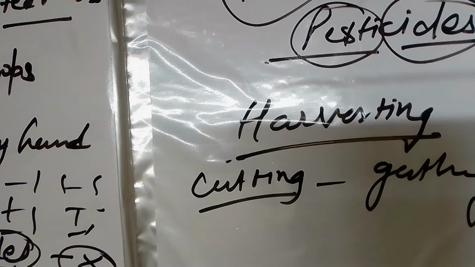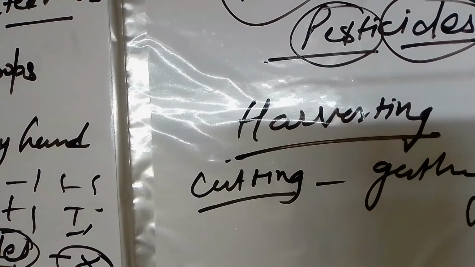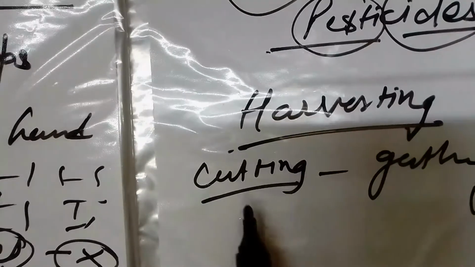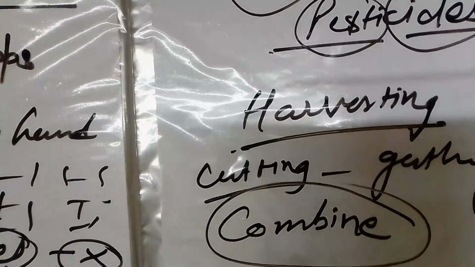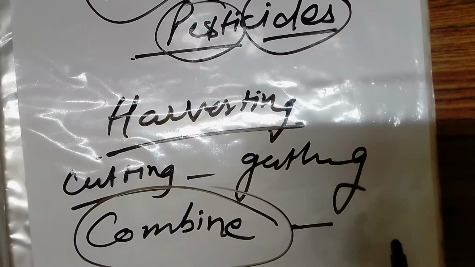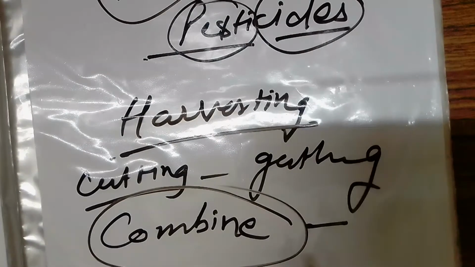Sometimes a farm machine called a combine is also used, where both harvesting and threshing are done.